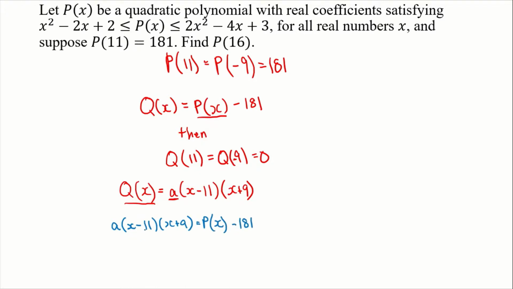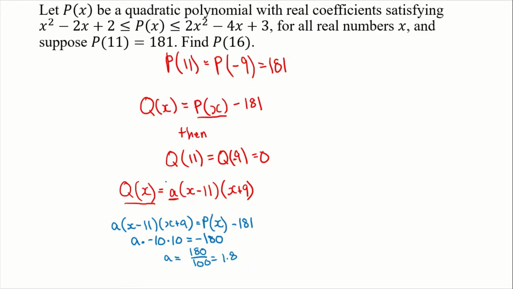So now plugging in x equals 1, we get a times 1 minus 11 is -10, times 10, equals 1 minus 181, which is going to be negative 180. So that means that a is going to then equal 180 over 100, which is 1.8. Amazing! We have found a.